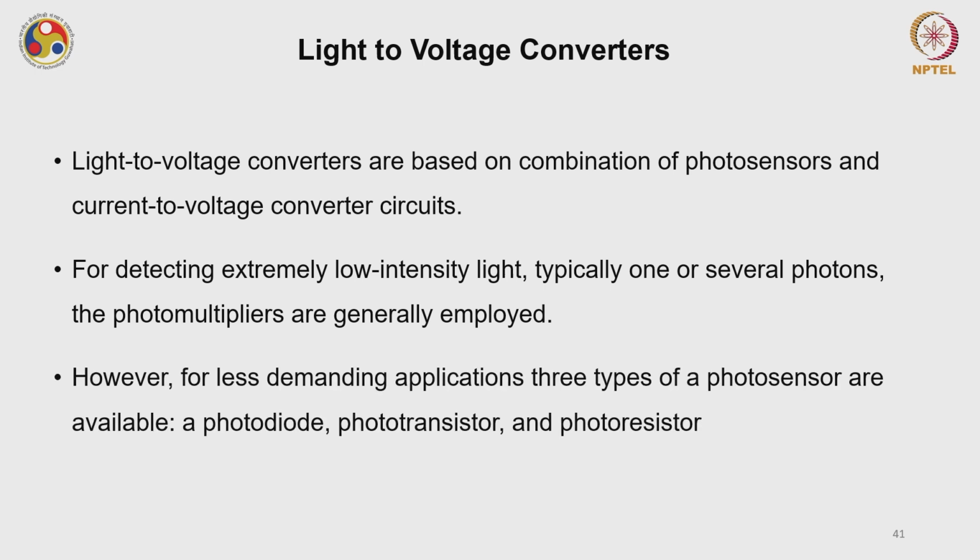However, when you have an abundance of light, for example in an NDIR gas sensor where you have a precise infrared source and you do not have a very small number of photon packets, a simple photosensor like a photodiode or a phototransistor, or sometimes even photoresistors for a cheap kind of device, is more than sufficient.